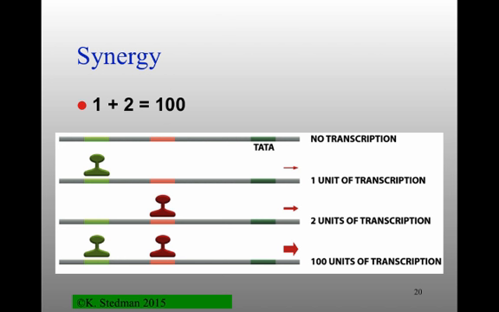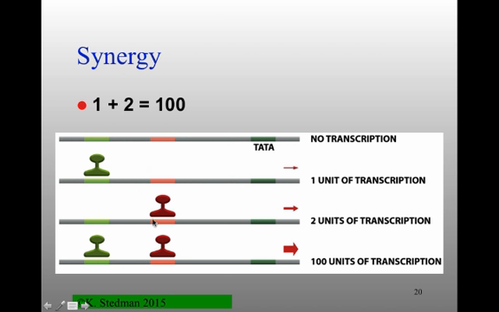And all that means is when you have two regulatory proteins, particularly two gene activator proteins, that interact with the regulatory region of a gene, one of these will stimulate transcription a little bit, the other one will stimulate transcription a little bit, but the two of them together are way more than the sum of these individual ones.